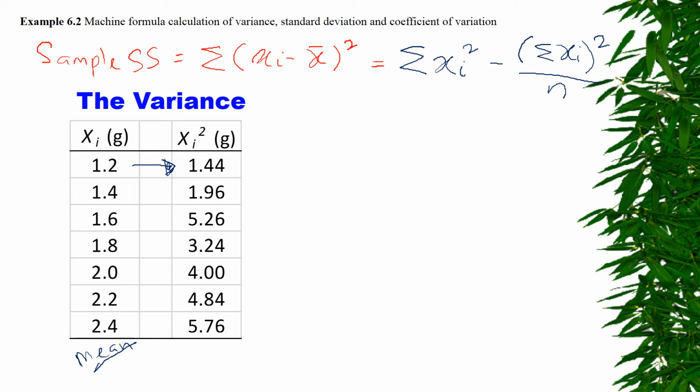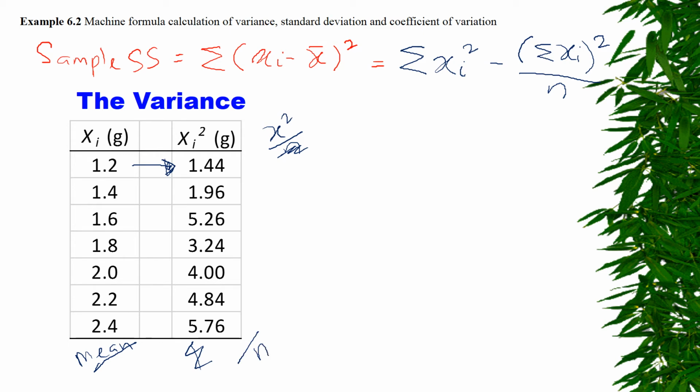Then you calculate the next quantity and divide it by n.